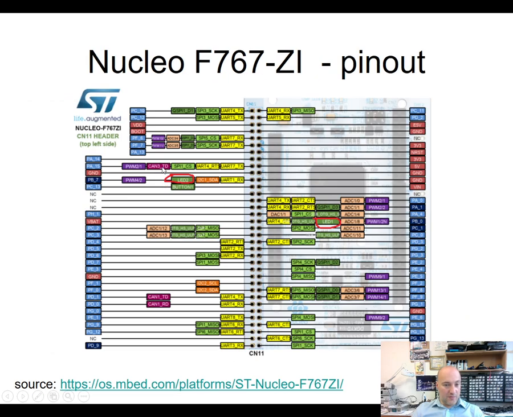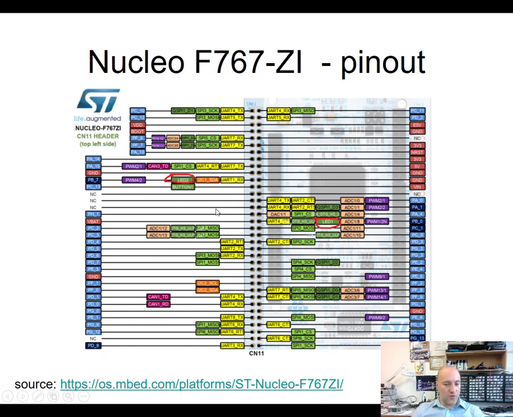And therefore this is important, this is highlighted. We can see that LED 2 is connected to PB7, which is one digital pin. We can see here that LED 1 is connected to PB0, so we will need to use those pin numbers, PB0 and PB7.